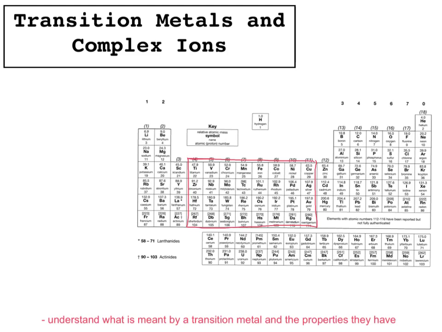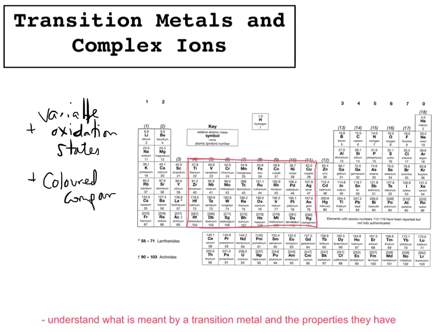These have certain properties, and those properties are variable oxidation states, they have colour, so they form coloured compounds. Obviously the metals themselves aren't coloured, they're usually grey.